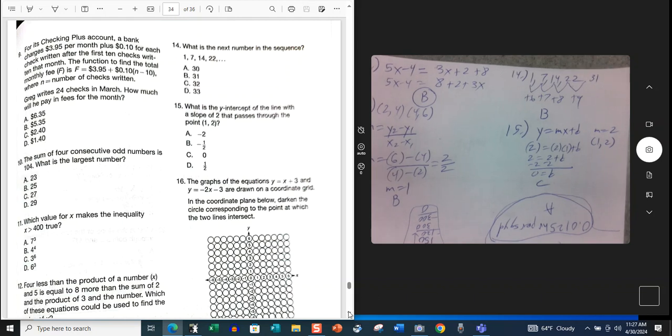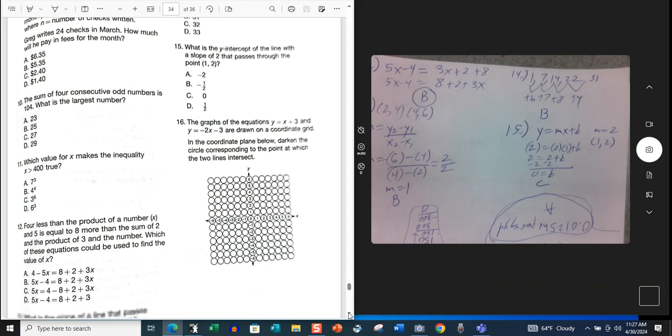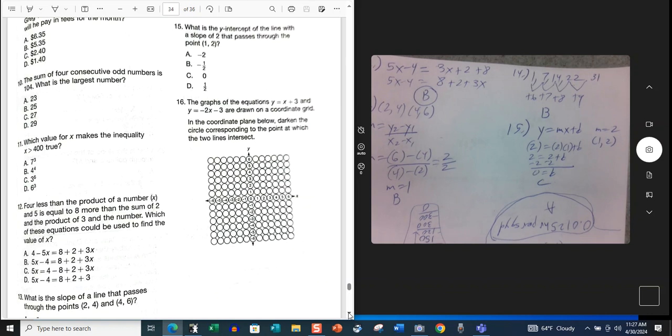Now for 16, it says the graphs of the equations y equals x plus 3 and y equals negative 2x minus 3 are drawn on the coordinate grid. In the coordinate plane below, darken the circles corresponding to the point at which the two lines intersect.